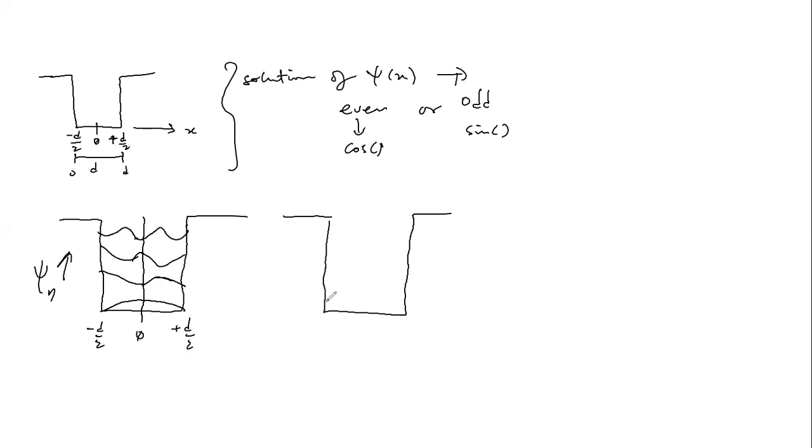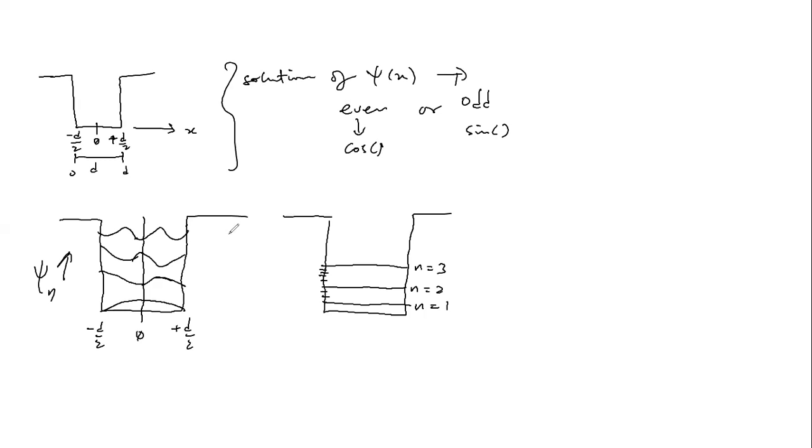So if this is our first energy level, where n is equal to 1, so we have 1, 2, so this becomes n equal to 2. So we have 1, 2, 3, 4, then this becomes n equal to 3.